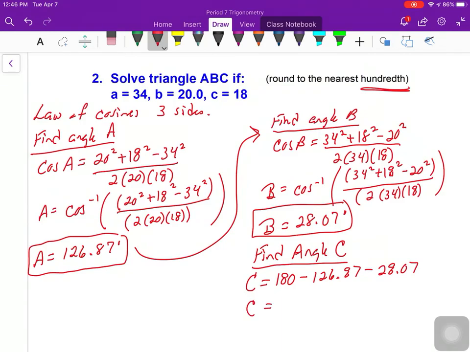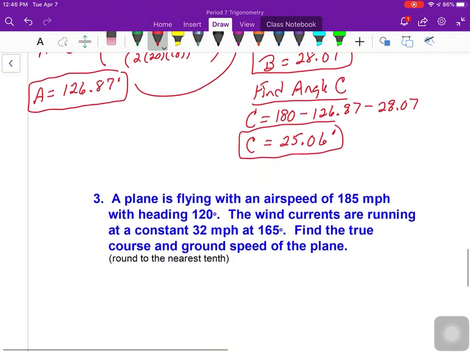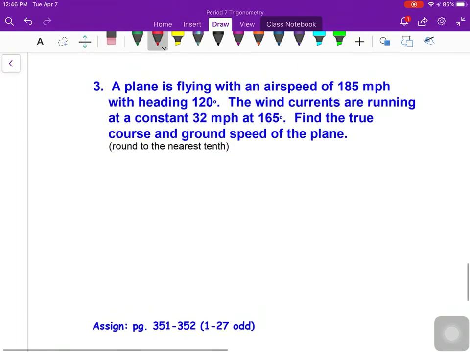I know all the angles in a triangle add up to 180, so 180 minus 126.87 minus 28.07 is 25.06. Law of cosines. This time we were given 3 sides, no angles, and had to find all 3 angles.